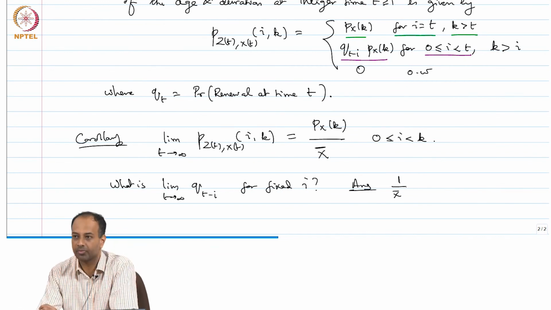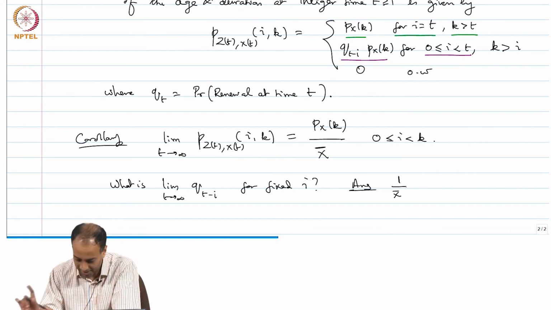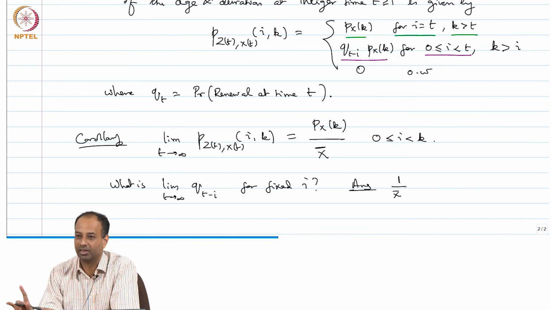So, this is the steady state joint distribution of duration and age. It is constant in I, as you can see, but I has to go between 0 and k minus 1. From this you can easily find the marginal of age and marginal of duration by marginalizing one of the random variables.